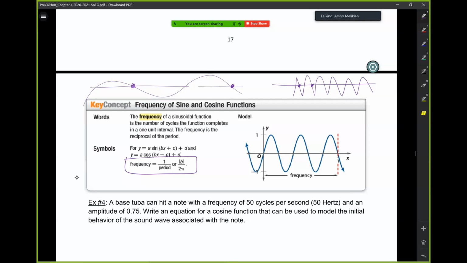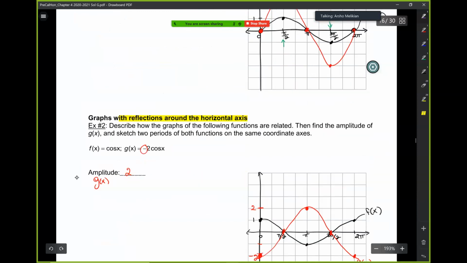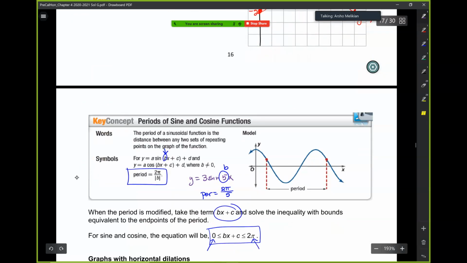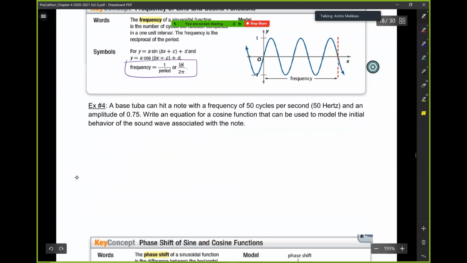All right? So in this example here, remember how we had said the period is 2 pi over 5? The frequency would just be 5 over 2 pi. Right? Just the reciprocal, that's all.